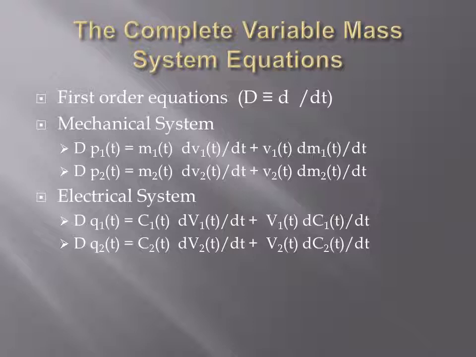We have a similar situation in the electrical system equations. They have one equation for each capacitance that appears in the system model, and they are also labeled by the subscripts 1 and 2. So as you can see, there are in total two equations for each energy domain, and therefore the system is indeed becoming very complex.